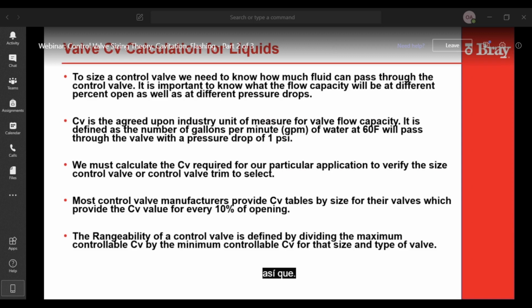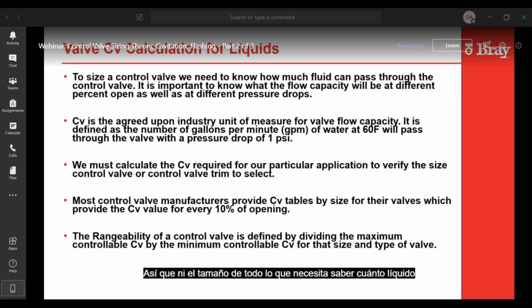In order to size a valve, you need to know how much fluid can pass through the valve. When you calculate how much fluid your process needs to pass through the valve, you then need a way of determining the capacity of the valves you're looking at, and then determine what's the right size valve.